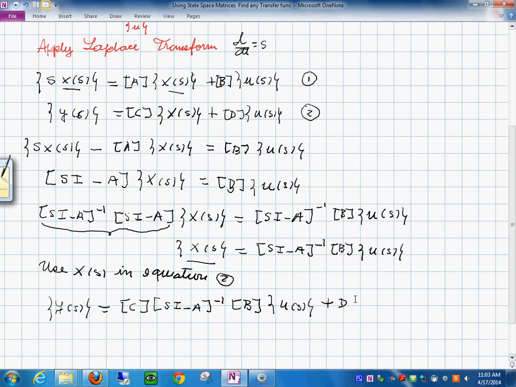Plus D multiplied by U of s, like this. This is from this. So all I did is I put this into here, yeah, and that's what I come up with.